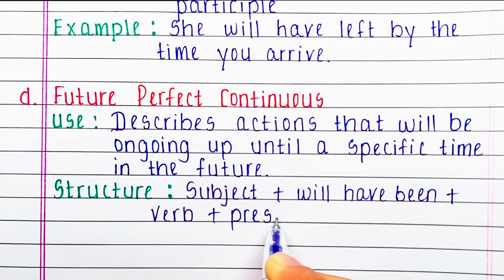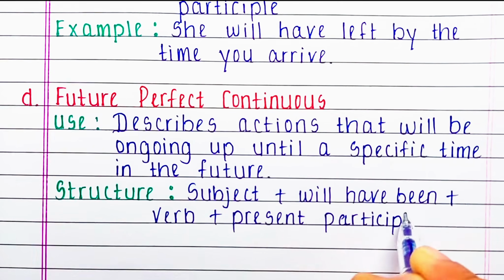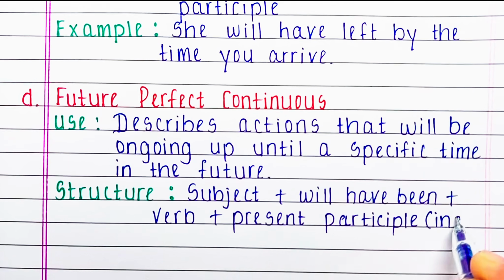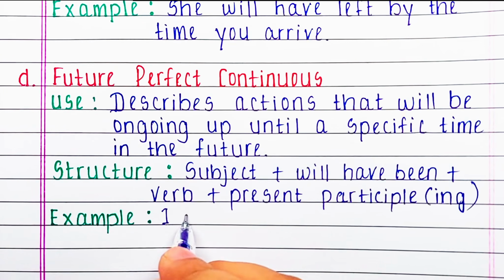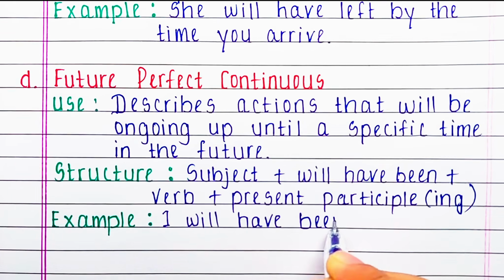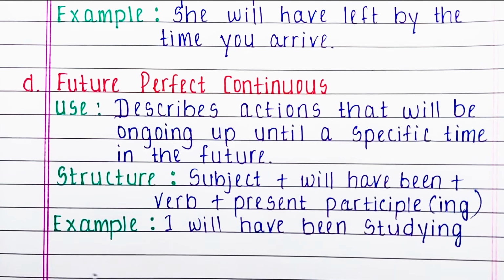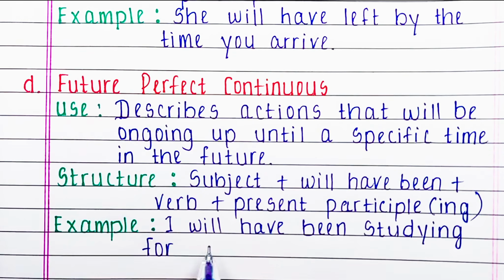Talking about its structure, it is subject plus will have been plus verb in present participle, that is ing form. For example, I will have been studying for 3 hours by noon.